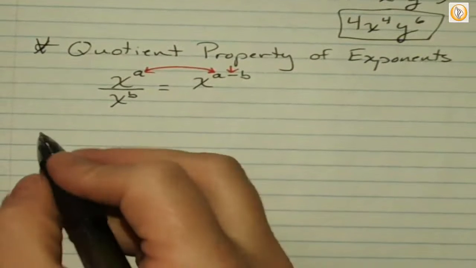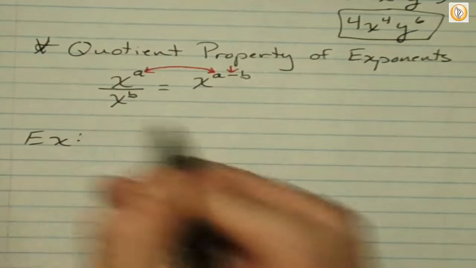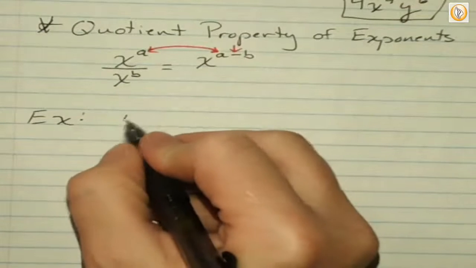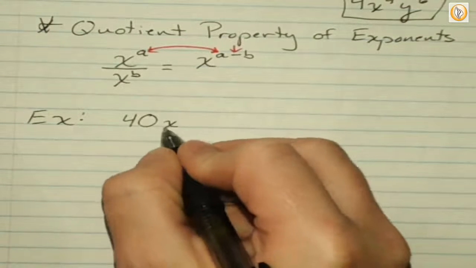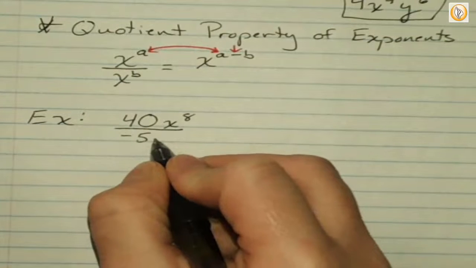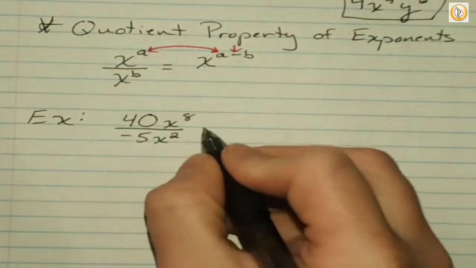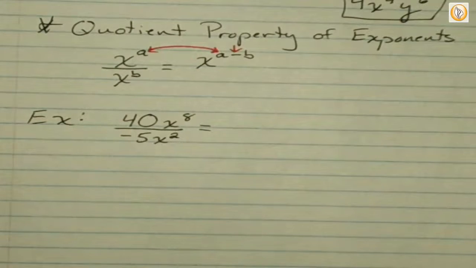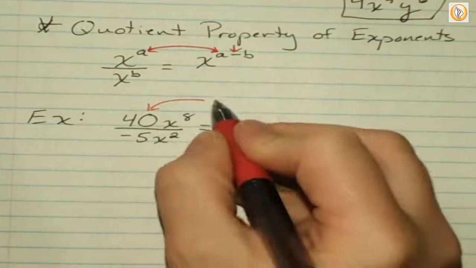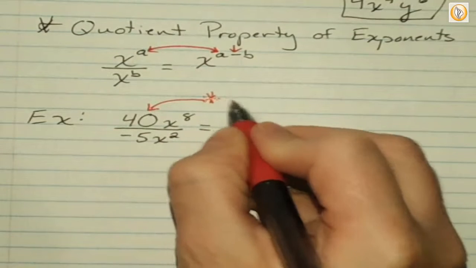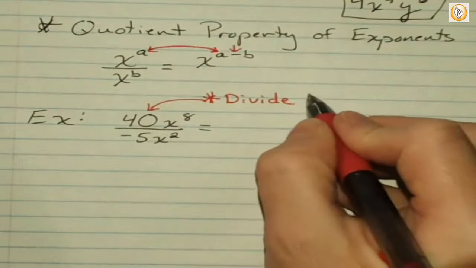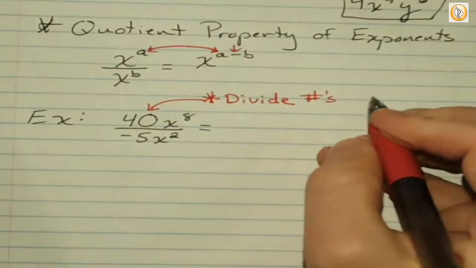All right, let's do some examples. Jump right in. Let's say I have 40 x to the 8th power divided by negative 5 x to the 2nd power. I'm putting a star here. You're going to divide numbers first.